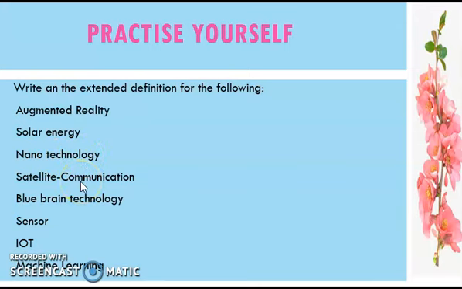Next is satellite communication, which deals with the communication in space and communication satellite as well. Next is blue brain technology, which deals with the digital brain, which works like a human being. Next is sensor. Sensor is varied in its appearance, starting from a normal light to automated car on road. Next is IoT.